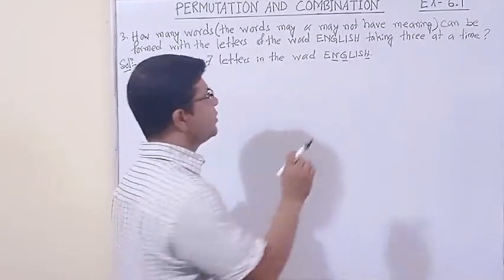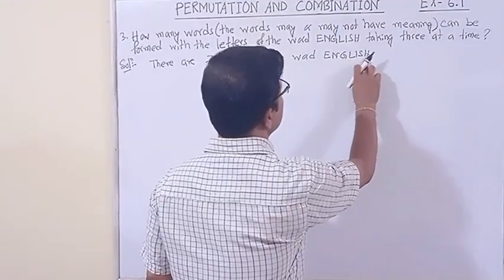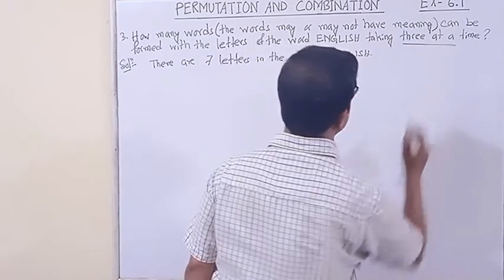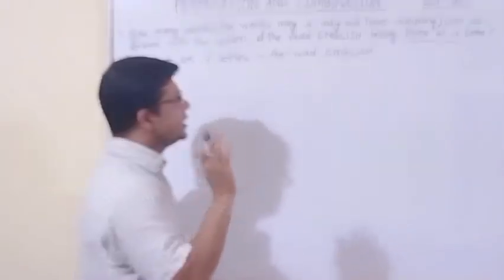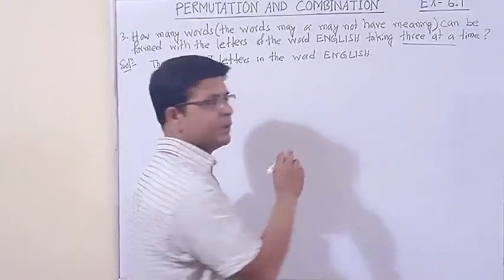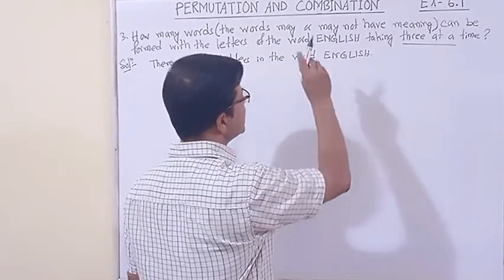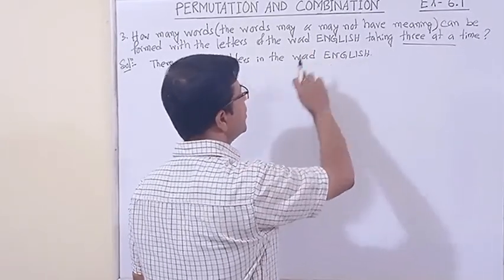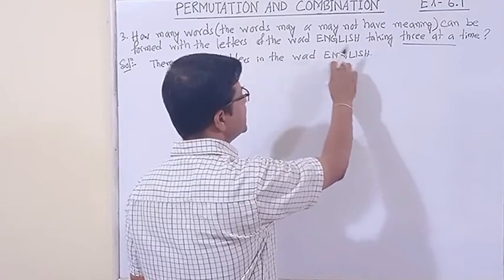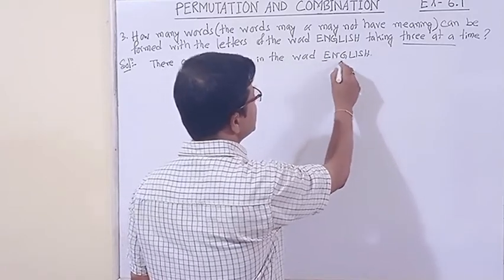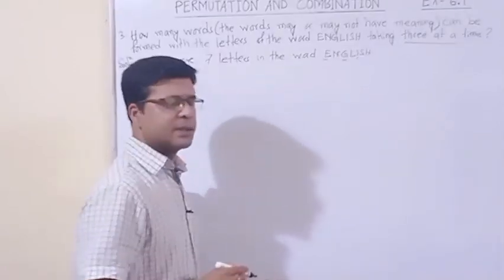In any order we have to write, we have to take 3 alphabets, 3 at a time. Any 3 alphabets you can consider. It is not necessary that you will consider only G initially or E initially or E and G. You have to consider 3 alphabets, any alphabets.